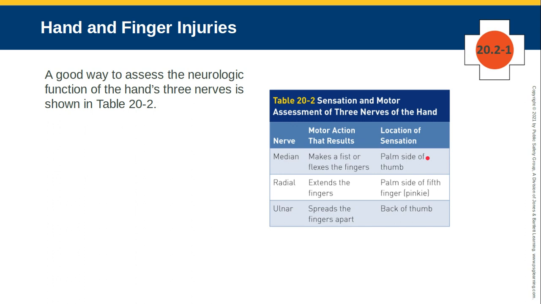The opposite of that, the radial nerve, allows for extension or opening of the hand. And if you look at the palm side of the fifth finger, some numbness there may indicate compromise to the radial nerve. And if we were to open our hand wide, spread the fingers apart, inability to do that may indicate compromise to the ulnar nerve.